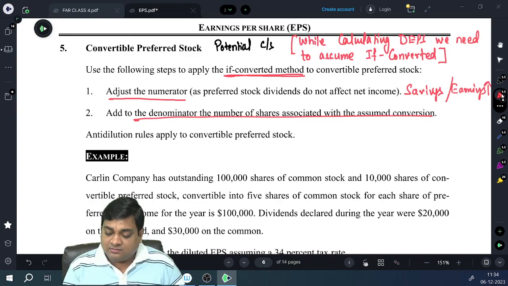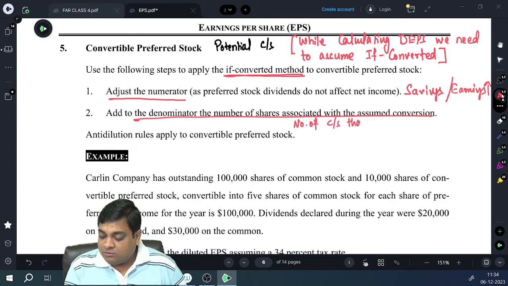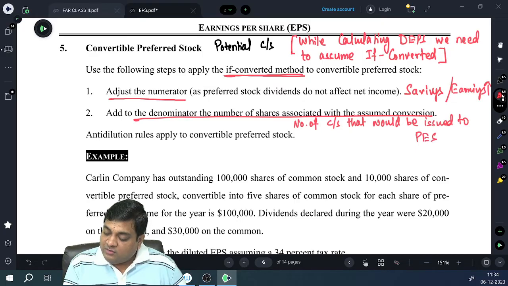Increase the denominator by the number of common stock that would be issued to potential equity shares.